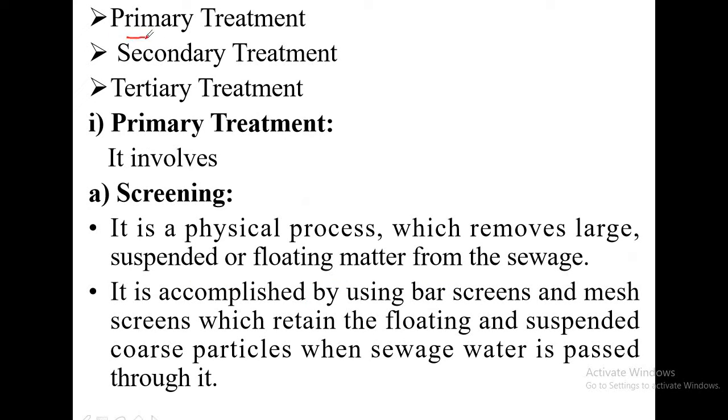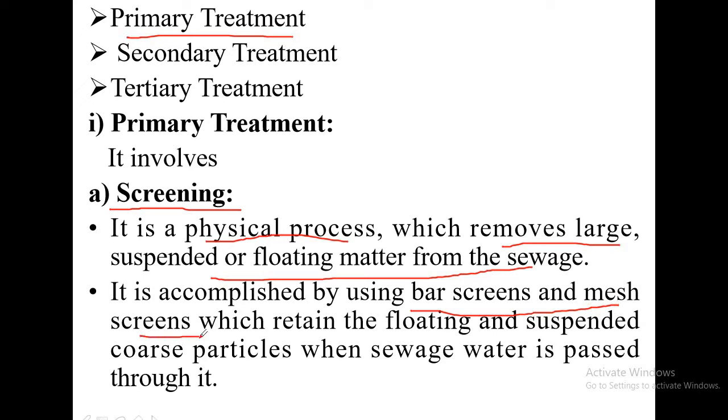Now primary treatment involves four different steps. These are all simple steps. Screening is nothing but a physical process that removes the large suspended or floating matter from the sewage, and this is done using bar screens or mesh screens.